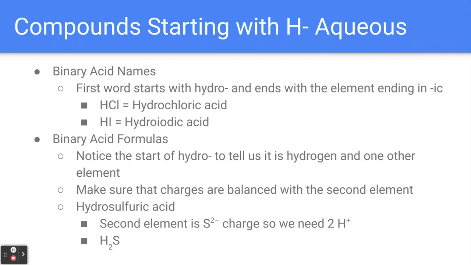Now, if we want to write the formula from those acids, we have to first start realizing that hydro is telling us it's just hydrogen and one other element. And then the other thing that we need to keep in mind is that we need to keep those charges balanced. So hydrosulfuric acid, sulfuric tells us that we have sulfur, which is a 2- charge. And so we're going to need 2 of the hydrogens because each hydrogen has a positive 1 charge, so H2S.